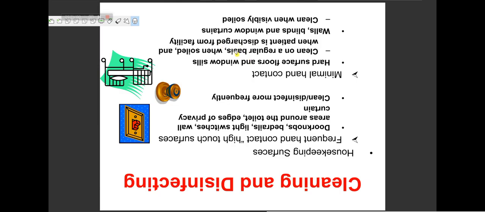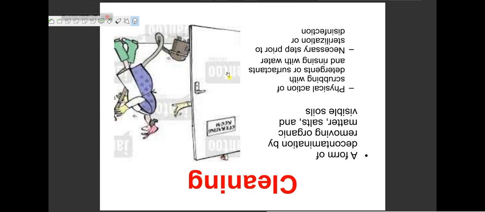Hand contact should be minimal, and hard surface floors and window sills should be cleaned on a regular basis, when soiled, and when a patient is discharged from the facility. Walls, blinds and window curtains should be cleaned when visibly soiled. If you can see some soil on the surfaces, you can clean it. So this is how and why we do cleaning and disinfecting.